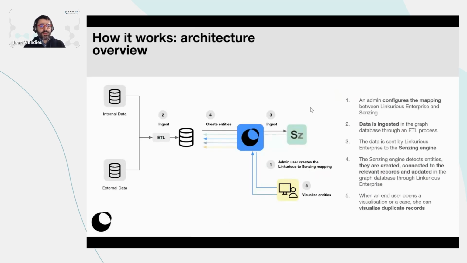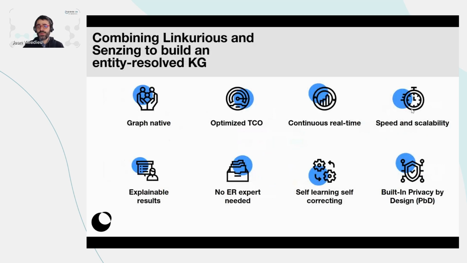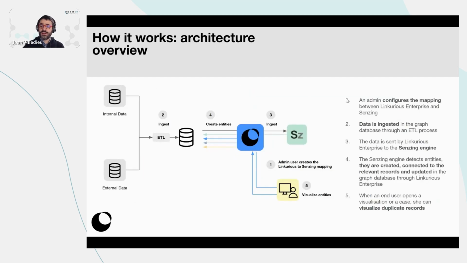So now let's talk about how it works in the context of Linkurious Enterprise, how we integrate Neo4j and Sensing. It all starts with an admin that needs to configure the mapping between Sensing and Linkurious Enterprise, the data mapping. Then the data is ingested in the graph database through an ETL process. And that data is sent by Linkurious Enterprise to the Sensing engine.